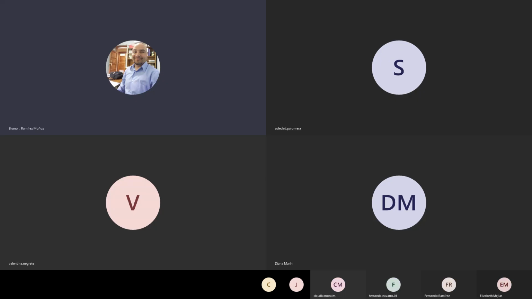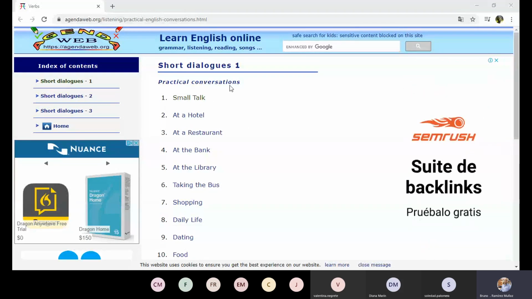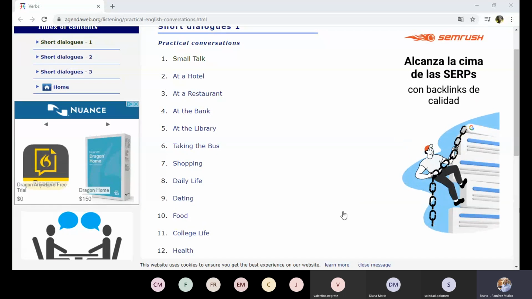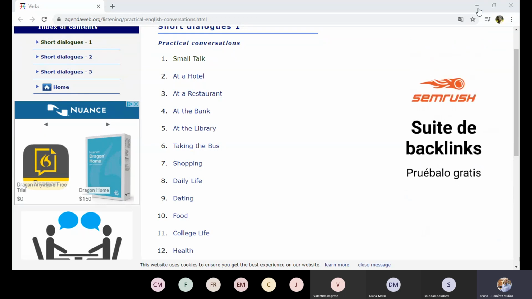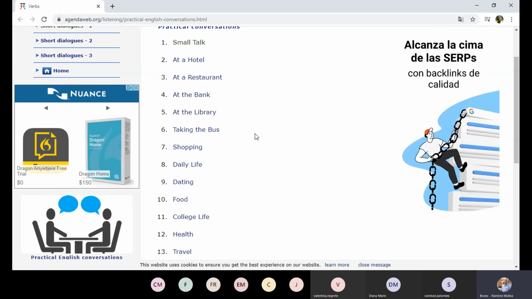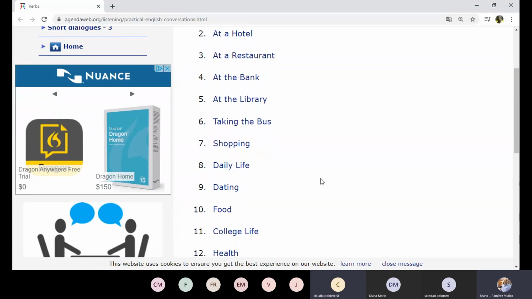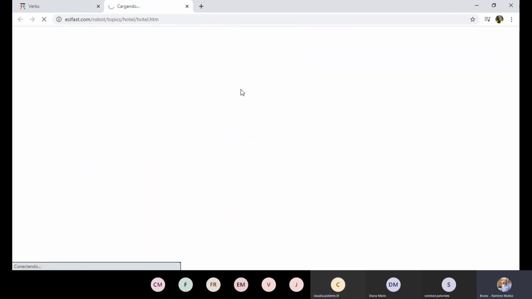Okay, then I think I'm showing you a website, and this website contains very short dialogues, right? I'm going to choose one person in the room, maybe Claudia Poblete. Claudia, can you choose one of the dialogues that are here? Number 7. The second, at a hotel? At a hotel? Yeah, okay, good.